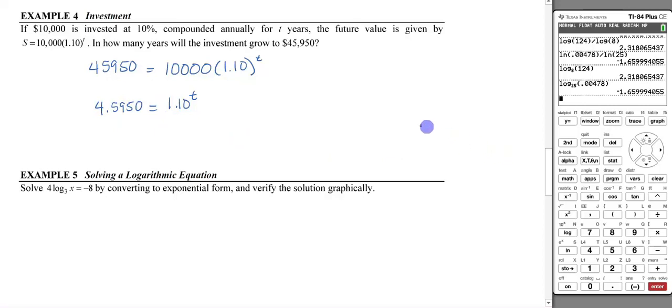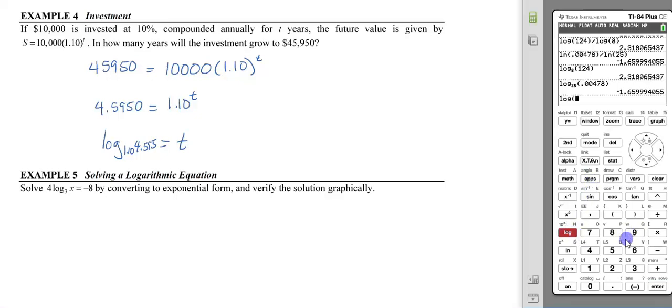Now we can go ahead and change this to logarithmic form. So we have a log. The base is 1.10. Remember, a log is an exponent. That exponent is t. And the argument is 4.595.